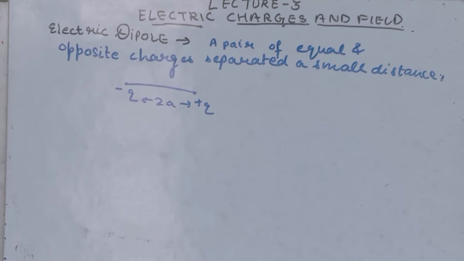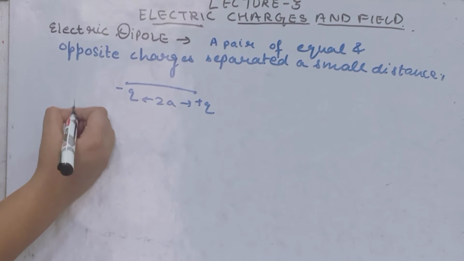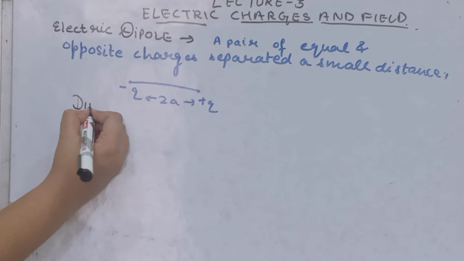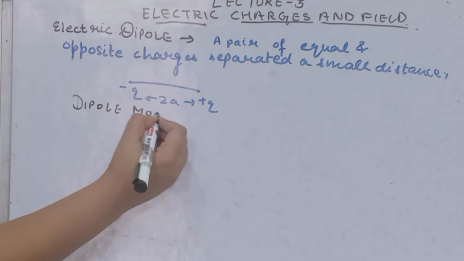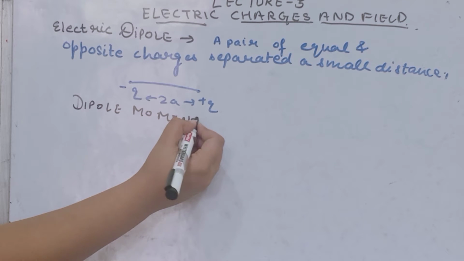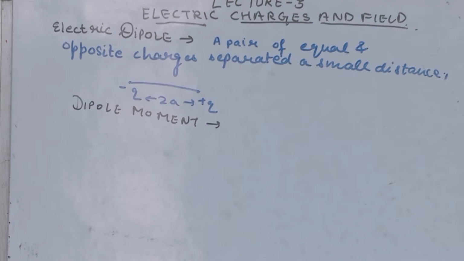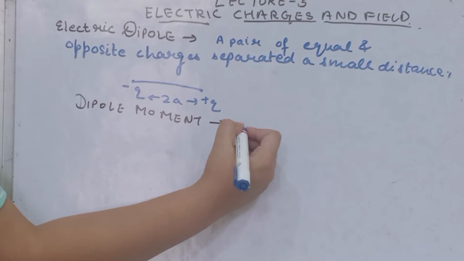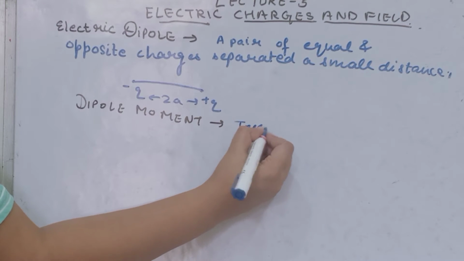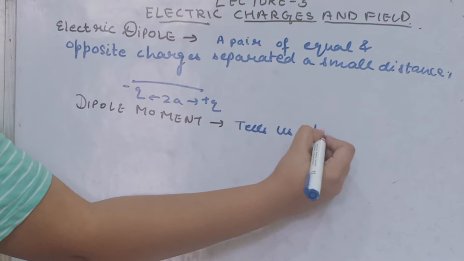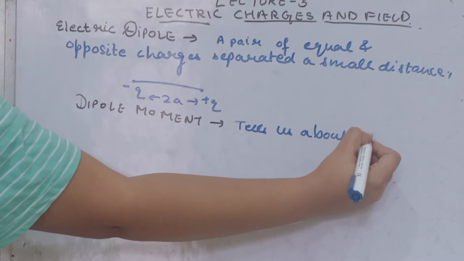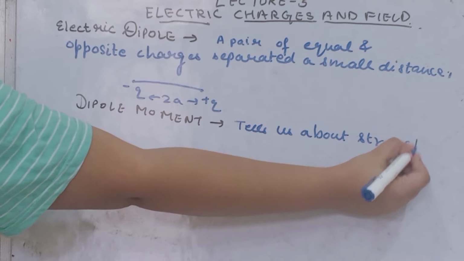Next we need to know what we mean by dipole moment and how we can calculate it. Dipole moment is something which tells us about the strength of the dipole.